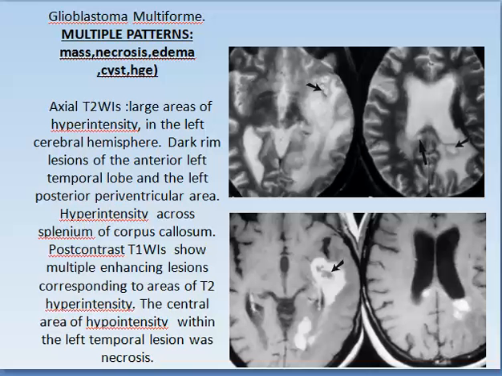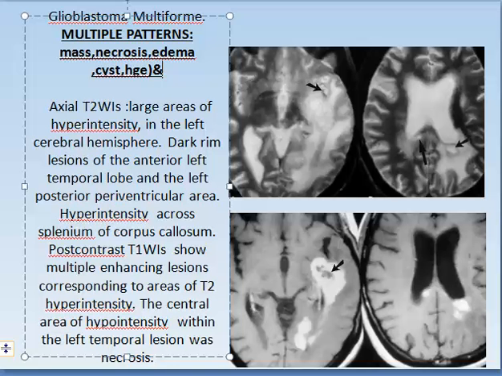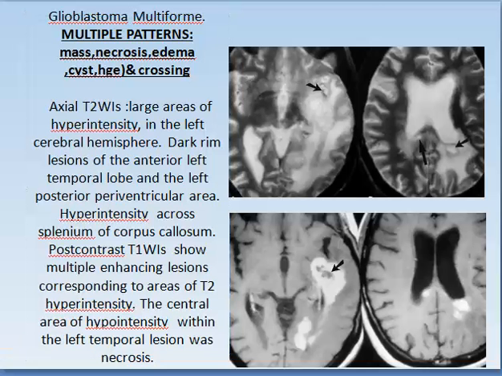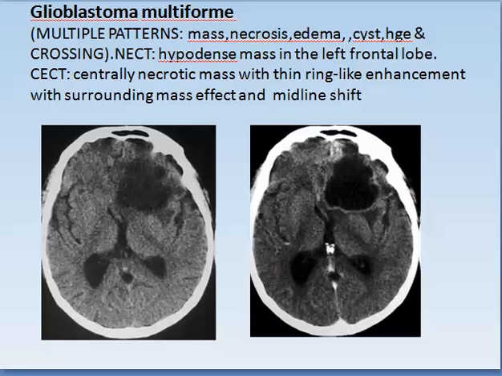So we have here foci of necrosis, foci of hemorrhage, cyst changes, crossing, edema pattern. You have multiple patterns plus crossing: mass, necrosis, edema, cyst, hemorrhage.